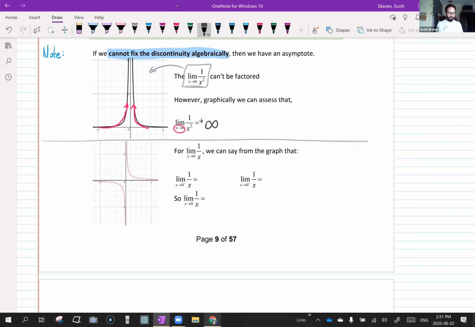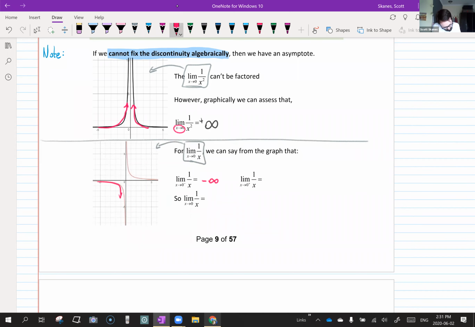So let me recap what I just said. If you can't factor it and you have this 0 on bottom, you can probably think about the graph, and the graph might help you out. In this case, let's look. It says for the limit as x approaches 0 for this function, we can see that from the left, it's going to negative infinity.